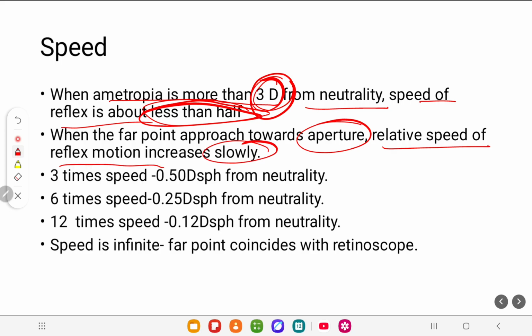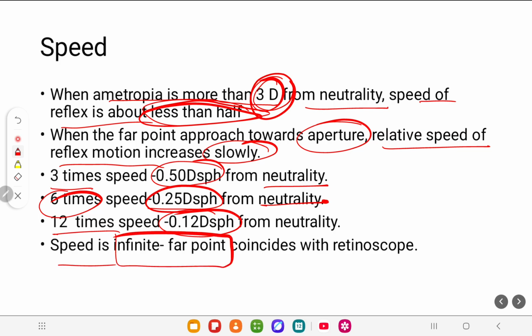What happens? 3 times speed at only 0.5 sphere from neutrality. 6 times speed at 0.25 from neutrality. 12 times speed increase at 0.12 diopter from neutrality, and speed becomes infinity at the far point. So basically, at the far point, speed is infinity.